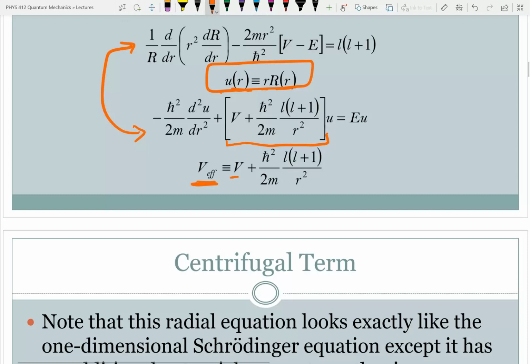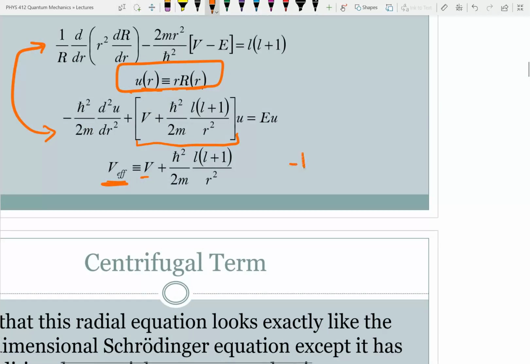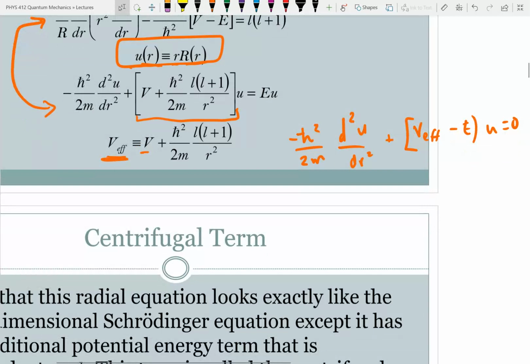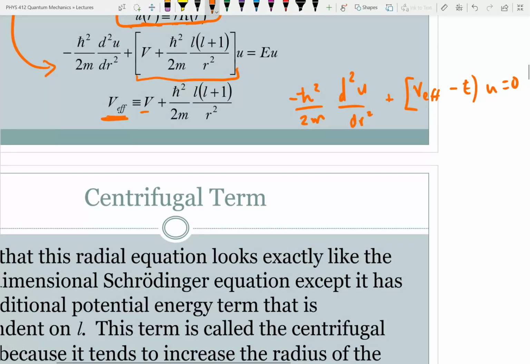So now I can write the equation as that, or I could have moved it to the other side of the equal sign. But that's much simpler to write, right? The V effective is much quicker than writing out all the stuff that was in the bracket. That's why we do it.